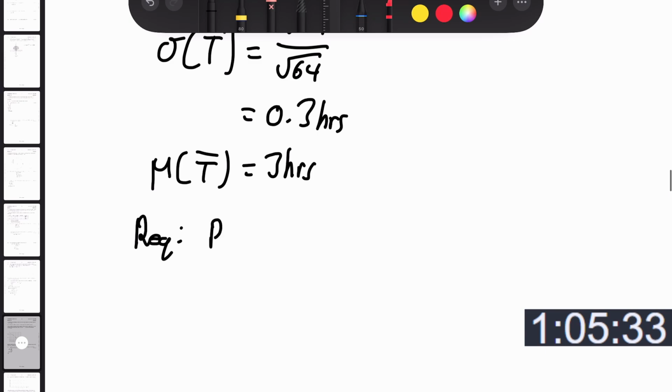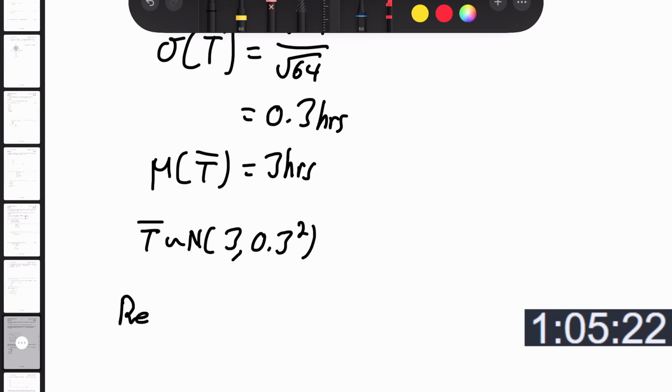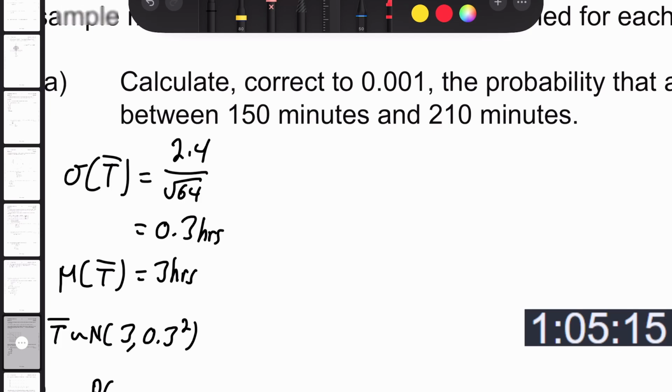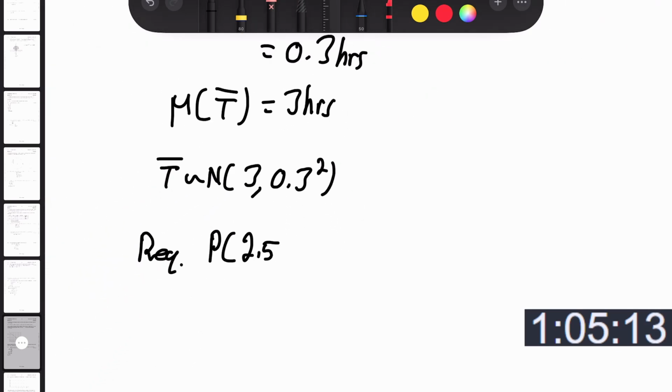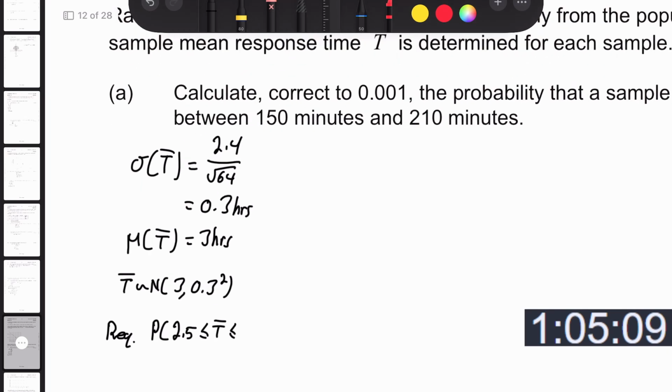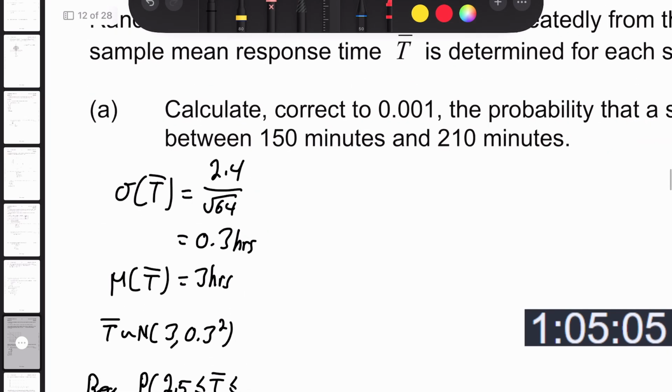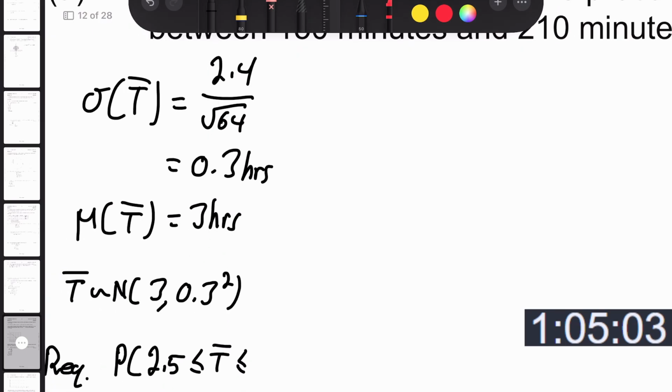Let's say T is approximately normally distributed with mean 3 and variance 0.3 squared. We require the probability that 150 minutes is 2.5 hours, so 2.5 is less than or equal to T, and 210 minutes is 3.5 hours.